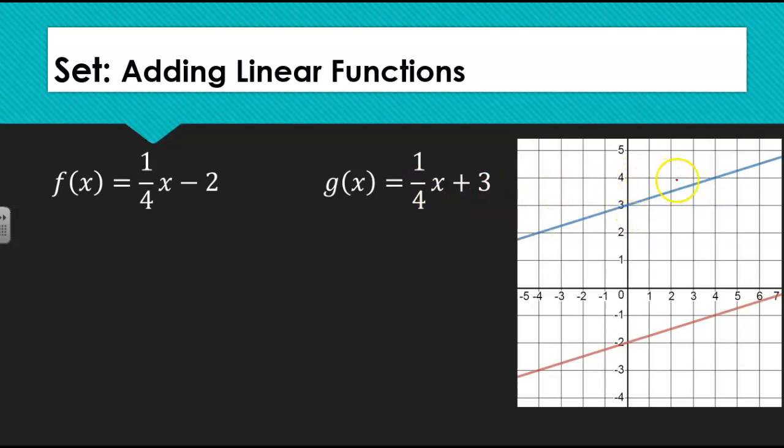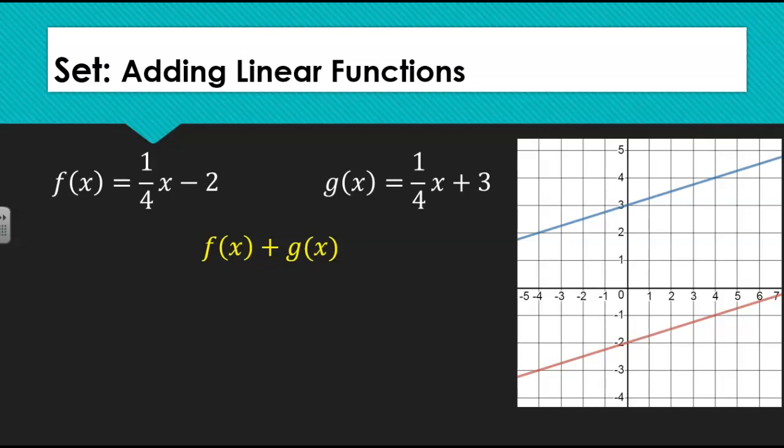So we're rising 1, running 4. And so what we see is that we have the same slope for both functions, and we know that when we have two functions with the same slope that have different y-intercepts, they create parallel lines on a graph.